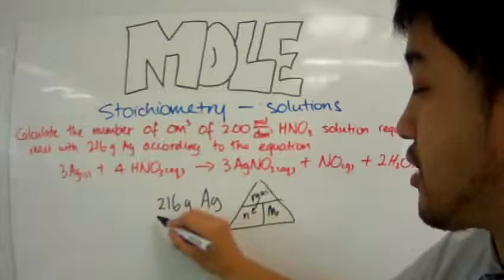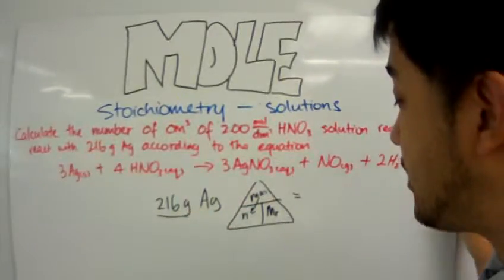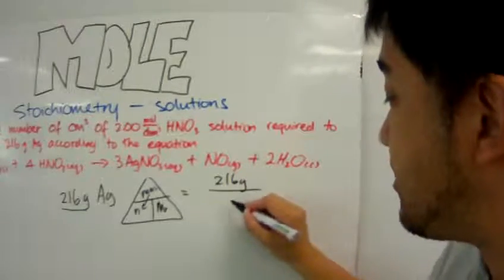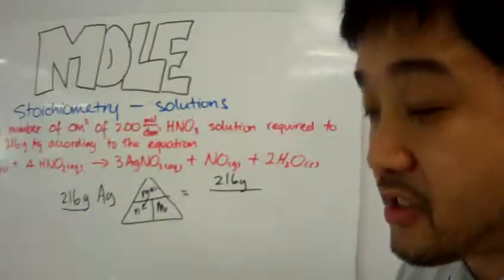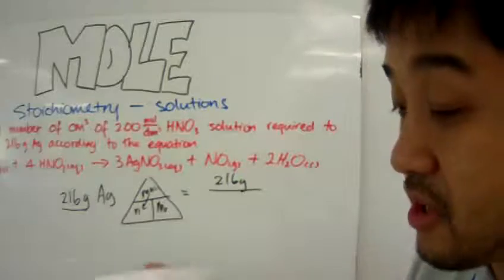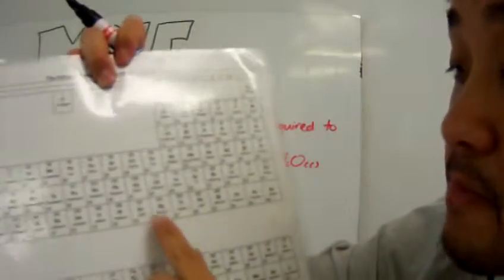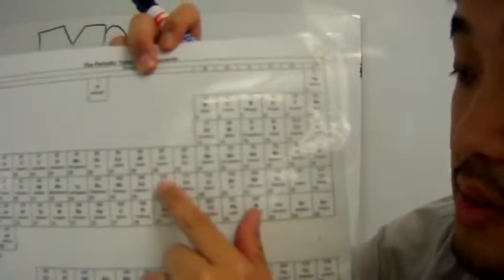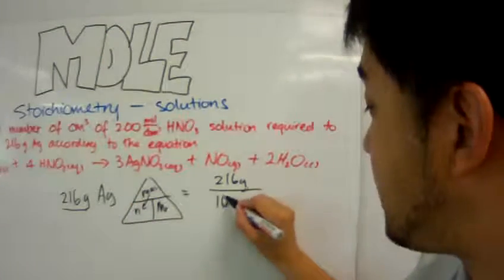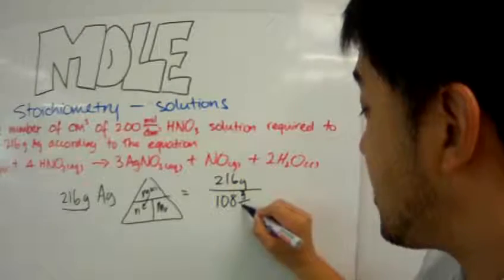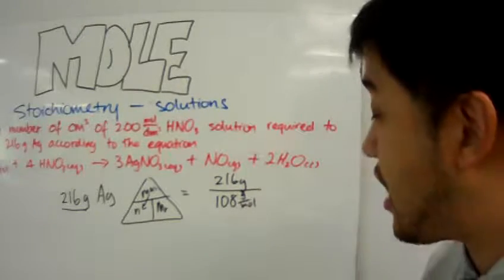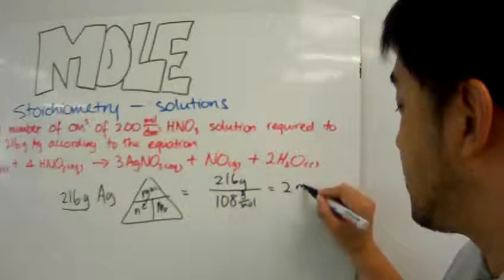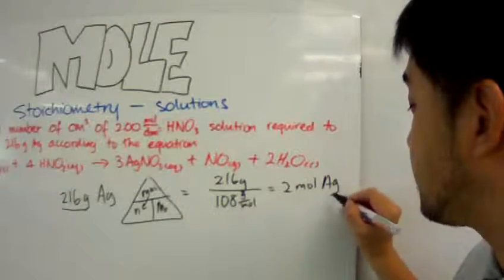So for converting the mass to moles, we take the mass and divide it by the relative mass. And the relative mass of silver is, here we go, 108. Okay, silver 108. So divided by the relative mass, or the Ar of silver, we get 2 moles of silver.